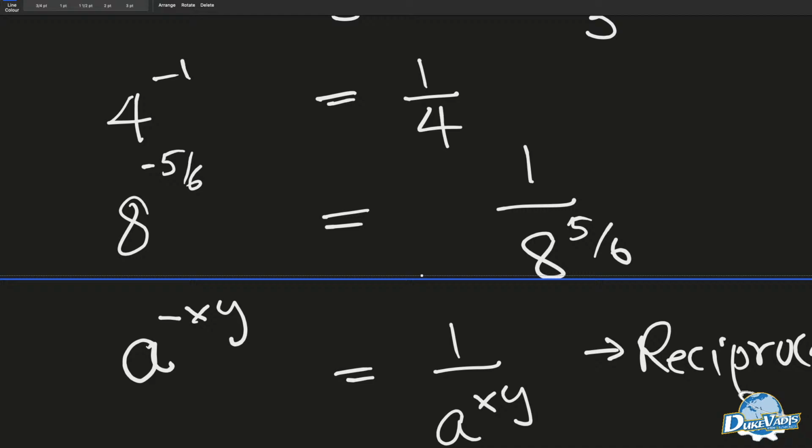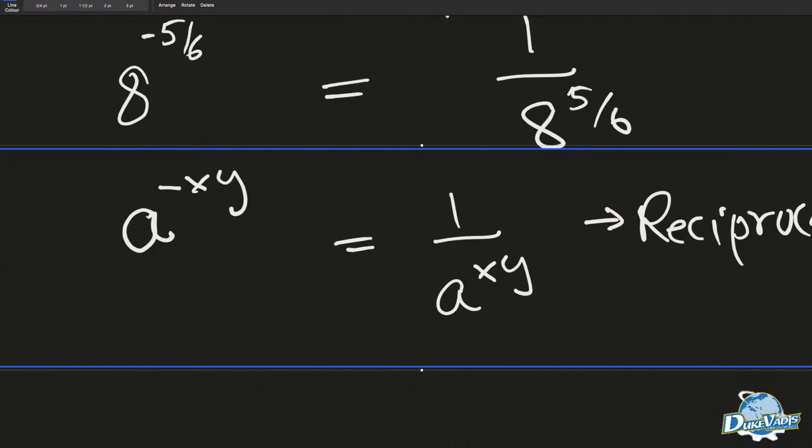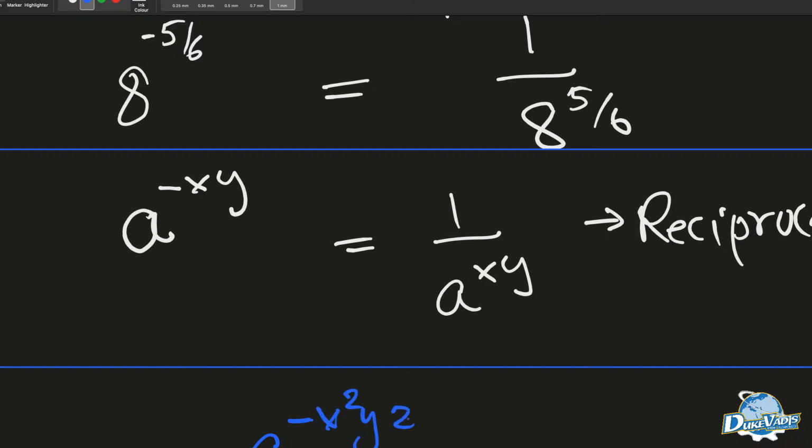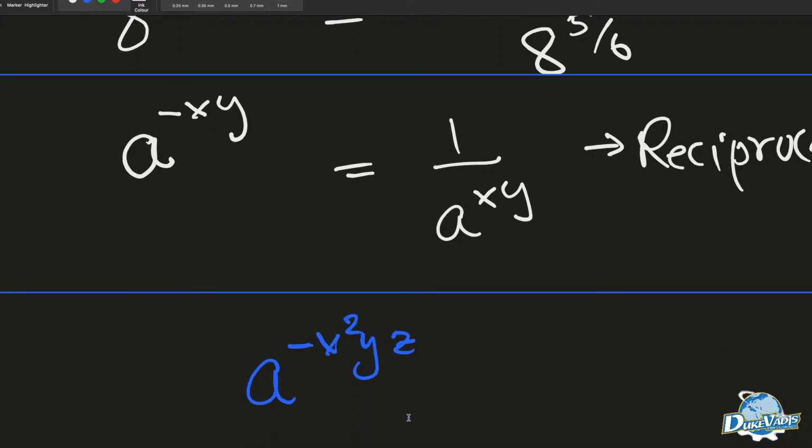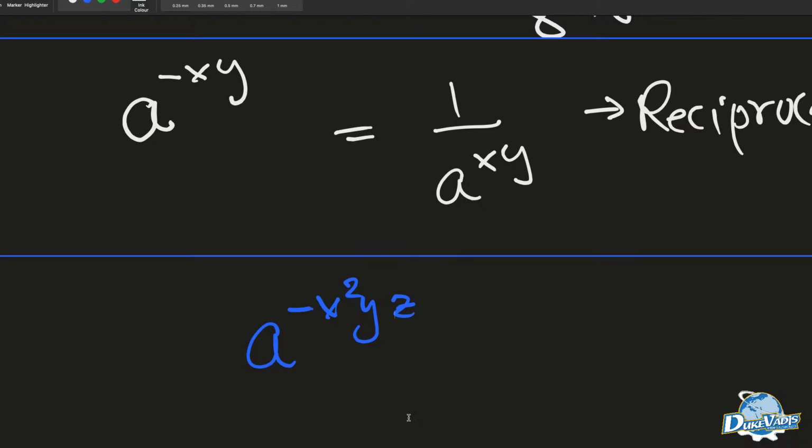So when you see anything that is negative, you shouldn't be scared at all. Even if I come across something like a raised to the power negative x squared y z, it's the same as 1 over a raised to the power x squared y z.